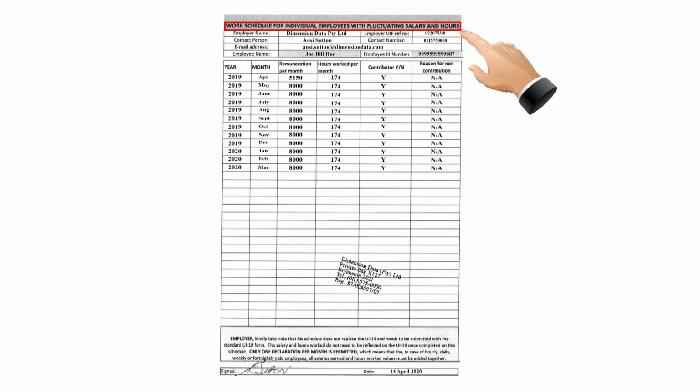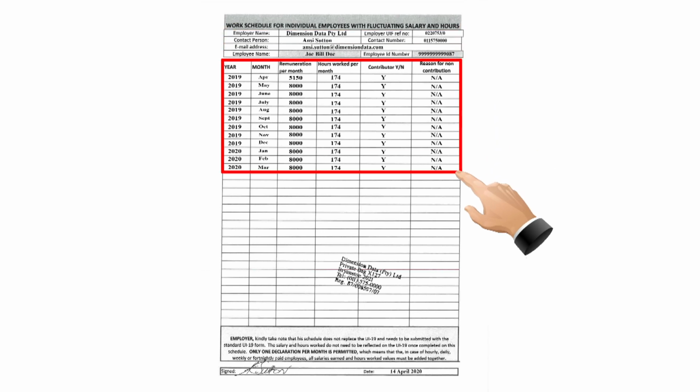We'll go down and analyze John Doe's work history. It appears on this document that John Doe worked a full year for this company called Dimension Data. His employment start date was April 2019, and his first month salary is indicated, his hours worked, and whether he was a contributor. So basically it is repetitive information; this information will also be found on the UI-19 form, but they want a breakdown for each and every month.